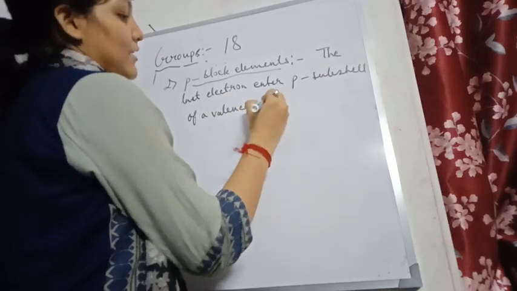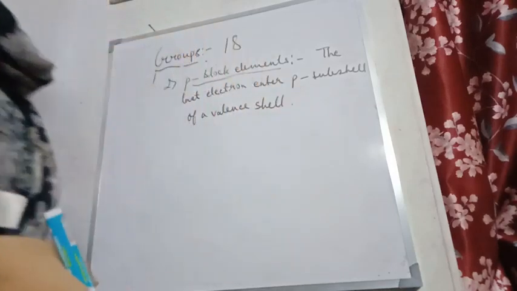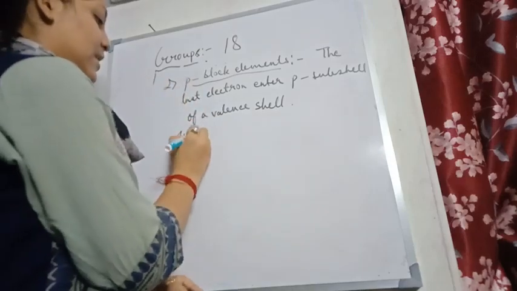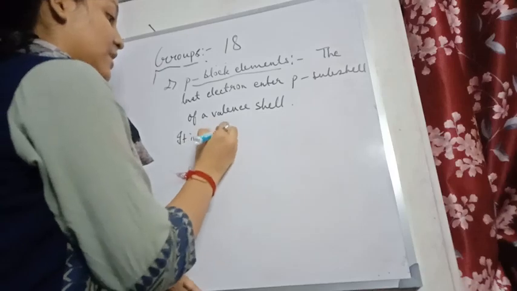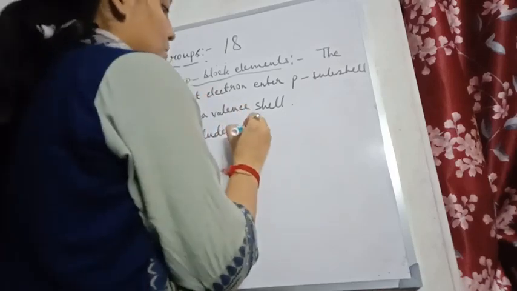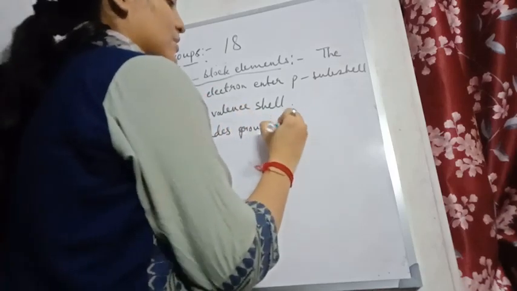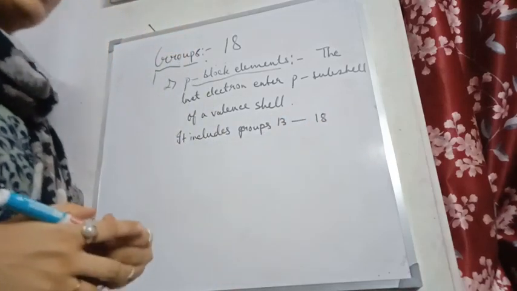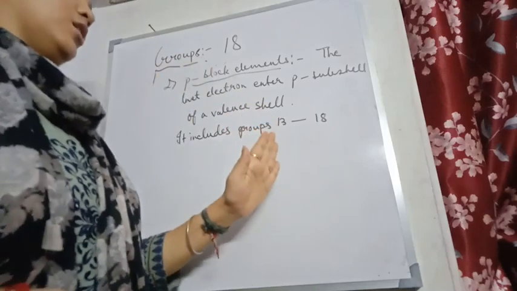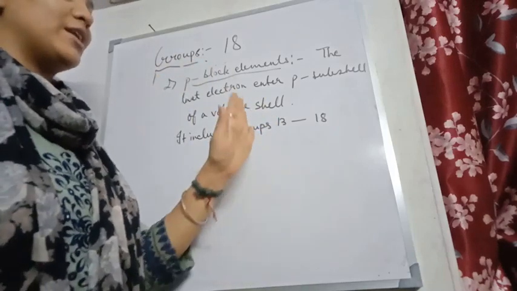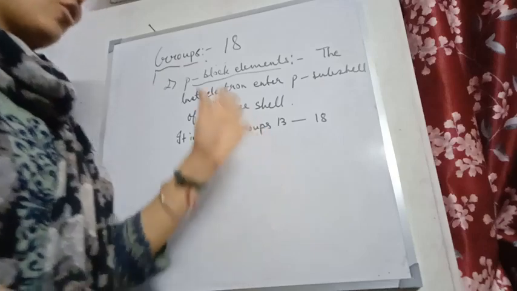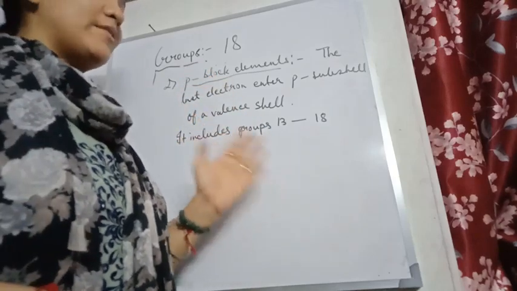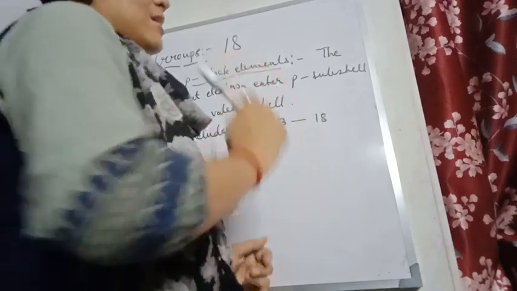It includes groups 13 to 18. Group 13 is the boron family, group 14 the carbon family, group 15 the nitrogen family, group 16 the oxygen family, generally known as chalcogens, group 17 halogens, and group 18 the noble gases.